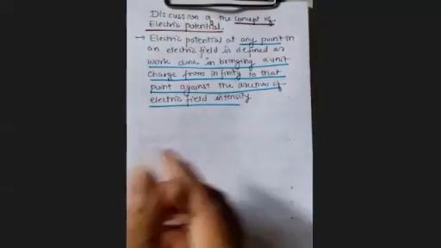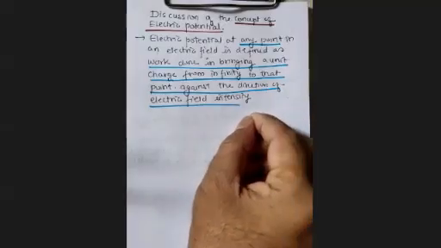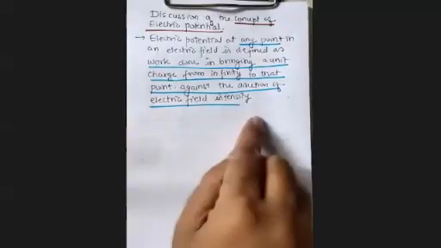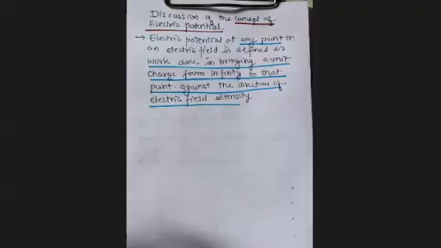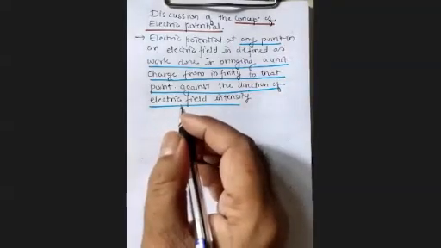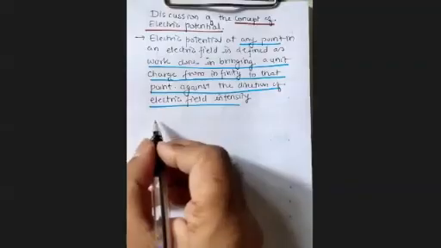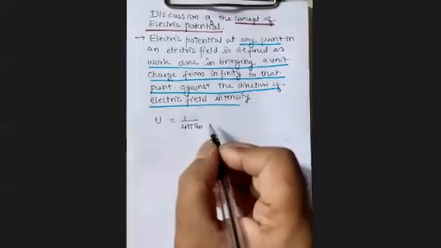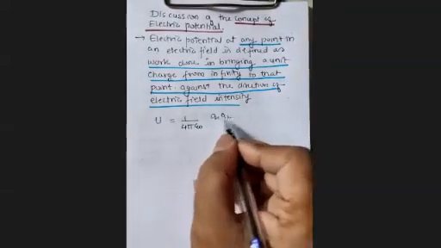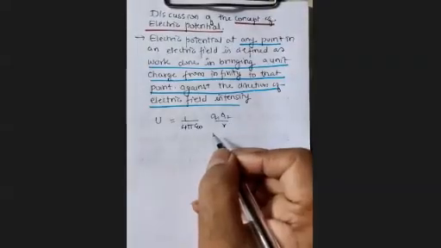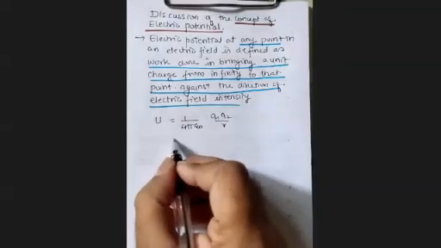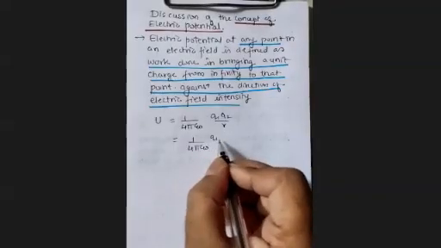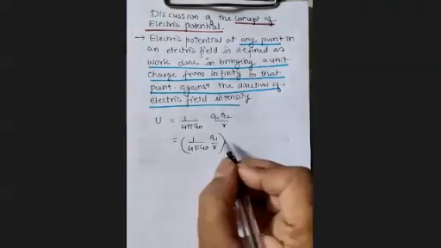As we know, if we bring a charge from infinity towards another charge, the first charge will oppose the second charge. So if we talk about the potential of a system, the energy will be equal to K, that means 1 upon 4 pi epsilon naught Q1 Q2 upon R, or you can say 1 upon 4 pi epsilon naught Q1 upon R into Q2.